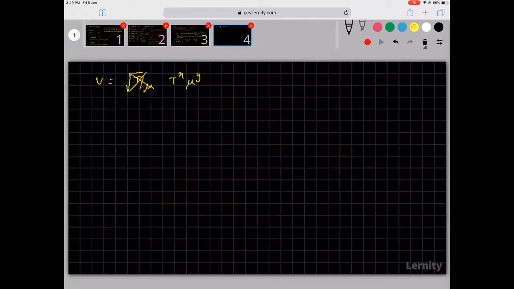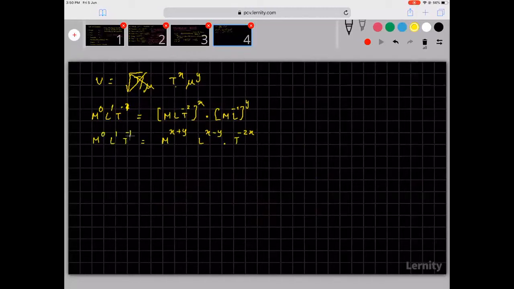So here it is M power 0, L power 1, T power minus 1 is equal to tension, which is M L T power minus 2, whole power x, into mu, which is M L power minus 1, power y. I can write this as M power x plus y, L power x minus y, T power minus 2x. So this is equal to M power 0, L power 1, T power minus 1.